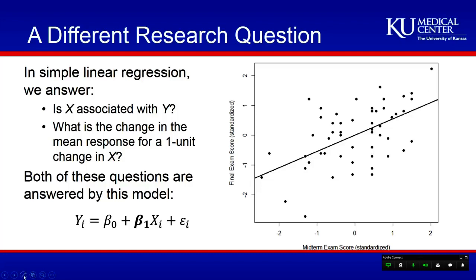It would be problematic, for instance, if I had points really tightly scattered here that got increasing as X got larger. You'd see kind of a megaphone shape either in one direction or the other.